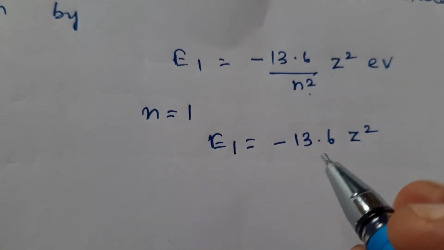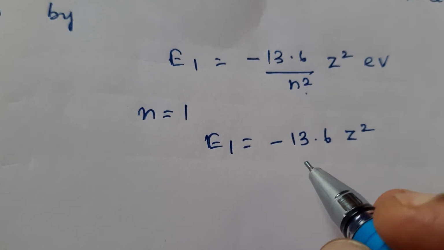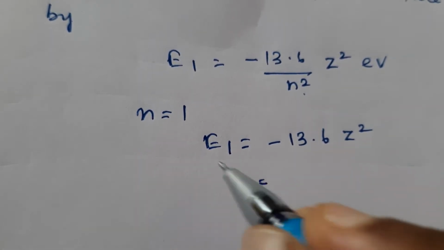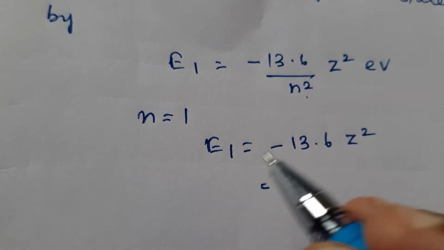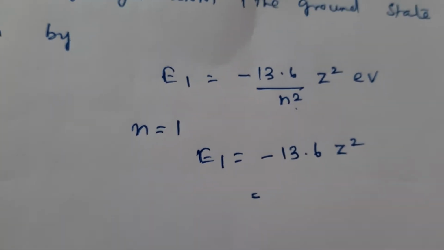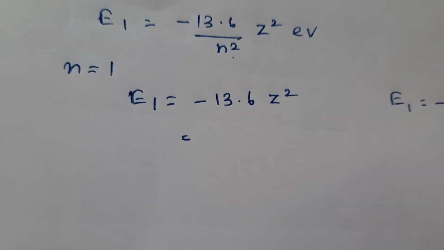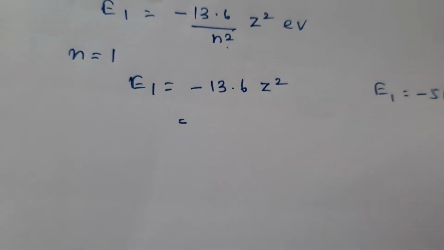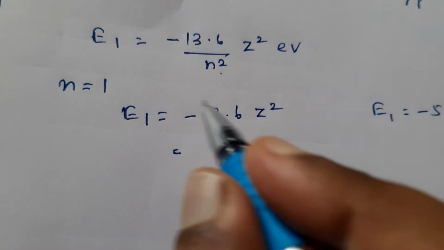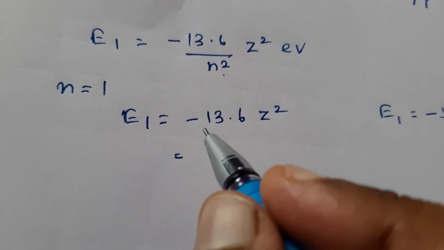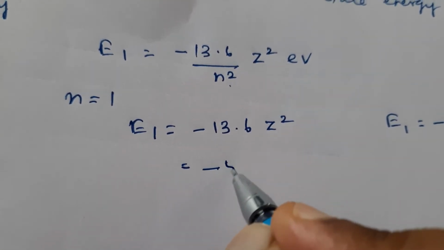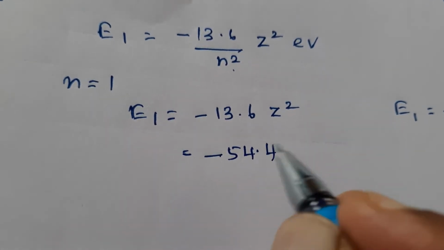But what is the energy of the ground state? That is -54.4 electron volt. So for what value of Z will you get 54.4?